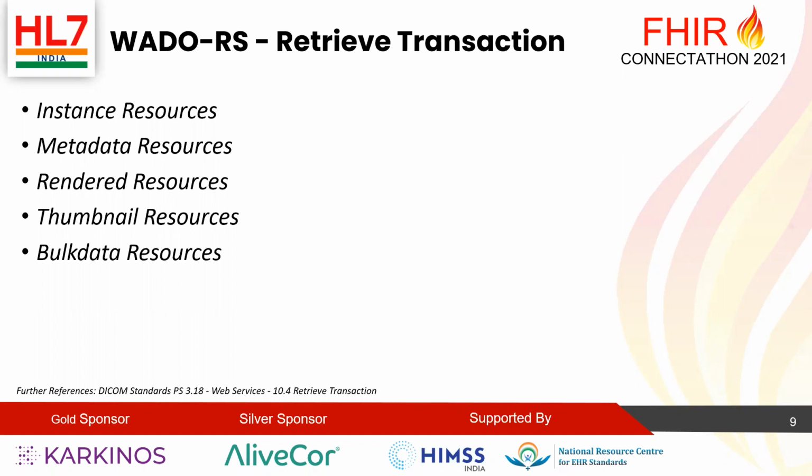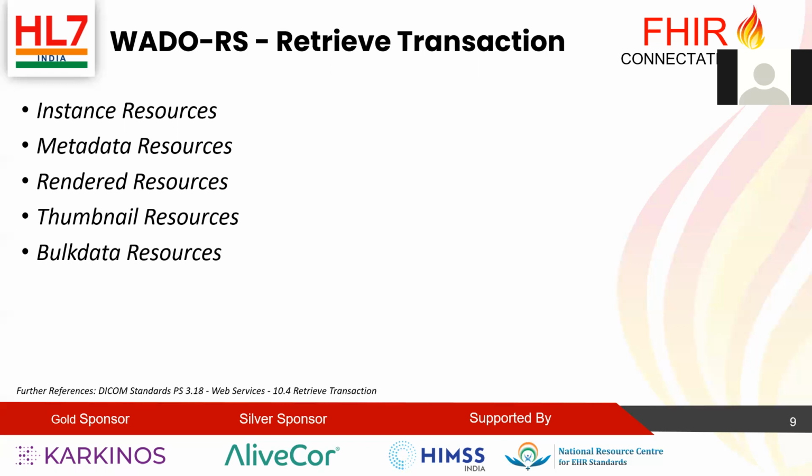Okay, the instance resource is nothing but what retrieves the instance details for us, including the pixel data as raw data. And the metadata will retrieve only the required tags for us, and all the instances. And the rendered image will retrieve the rendered object.